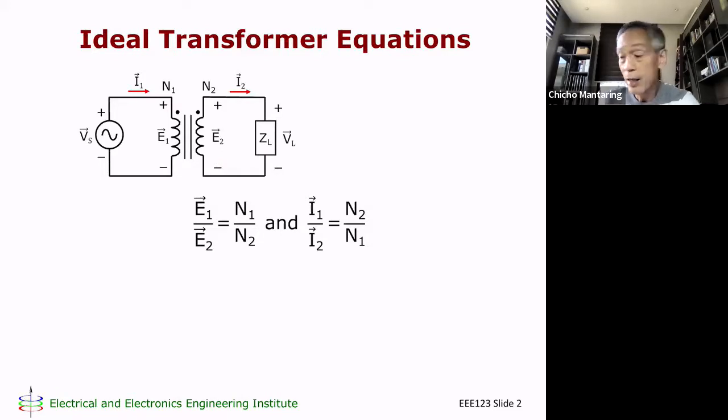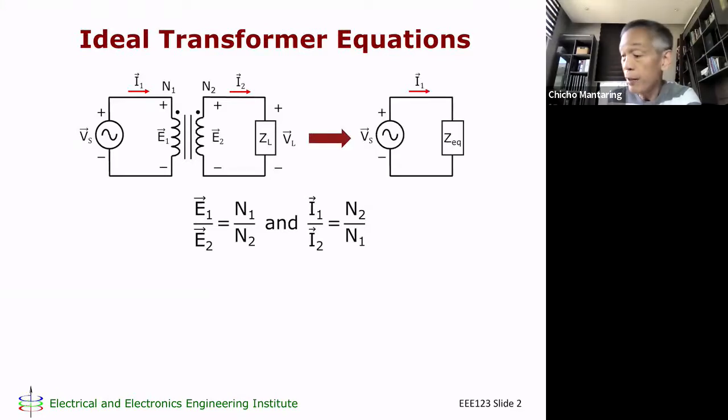If you take a look at the transformer equations in the phasor domain, E1 over E2, the primary phasor voltage over the secondary phasor voltage, is just equal to N1 over N2, which is the turns ratio of the transformer. Then I1 over I2 is equal to the reciprocal of the turns ratio, N2 over N1. That's the first and most important relationship for the transformer.